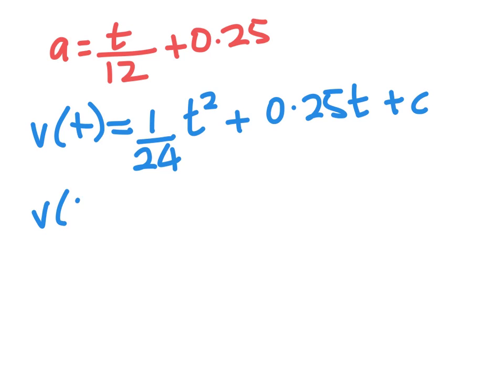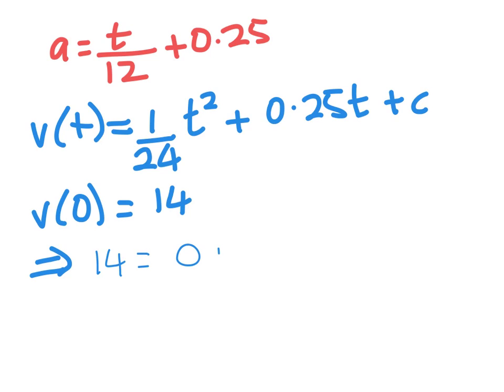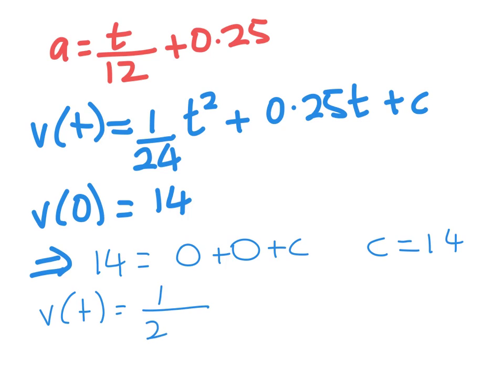But we know that v of 0 is equal to 14, so if we go back and we substitute in 0, we have 14 is equal to 0 plus c, so c is equal to 14. So that gives me a velocity function which is equal to this, 1 over 24 t squared plus 0.25 t plus 14.